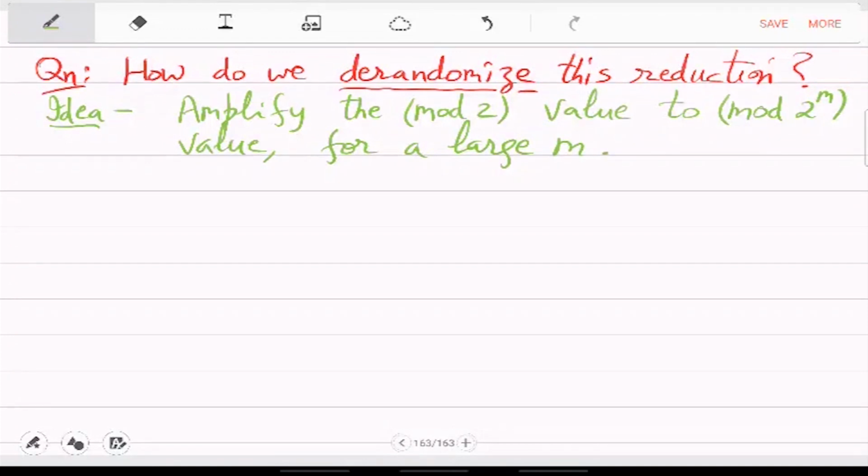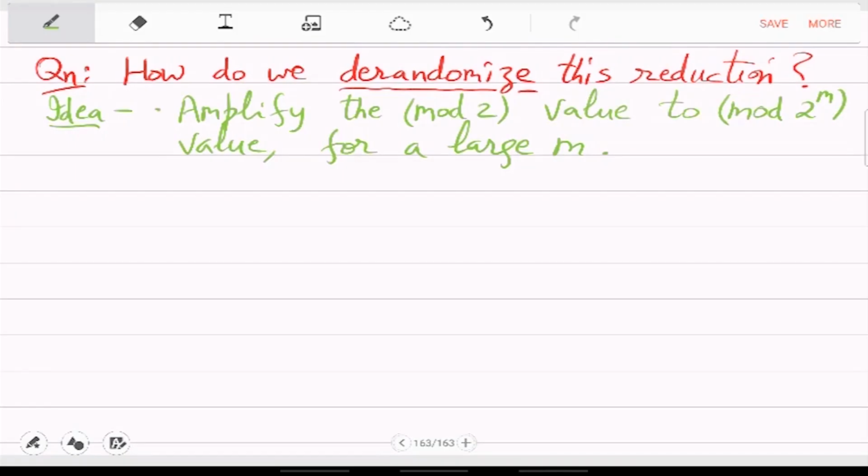Okay, so why will this de-randomize? See, you want to go over all the random strings, all the strings in the space from which you are picking the random string R. So if we can show that for any R, the answer that you are getting is not just 0 1 mod 2, but it is actually, let's say, 0 1 mod 2 raised to m, where m is larger than the size of the random bits, M is bigger than the number of random bits, then we can do a sum over.